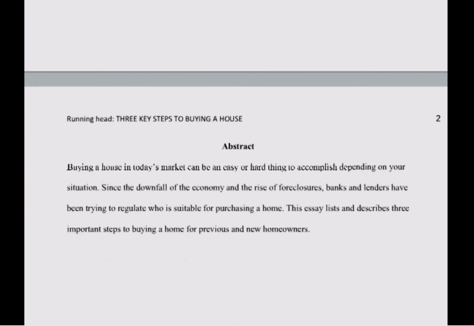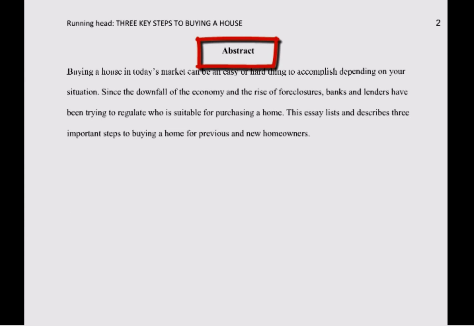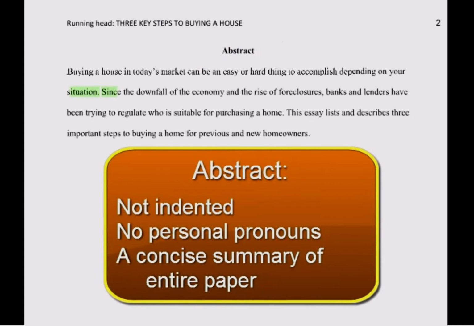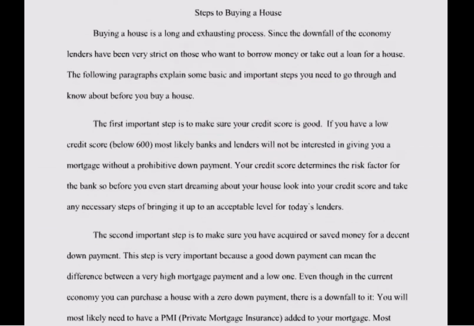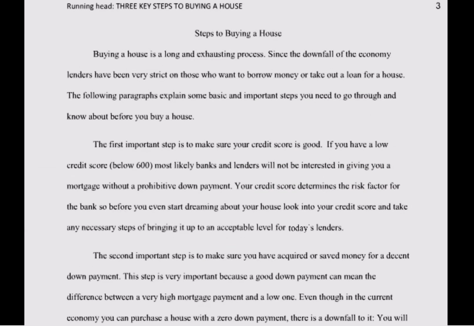On the next page comes your abstract paragraph, which is a paragraph of 75 to 250 words. It is not indented, and it does not use personal pronouns, but it does provide a concise summary of the entire essay. It is the takeaway. Okay, on the 3rd page begins the body of your essay.